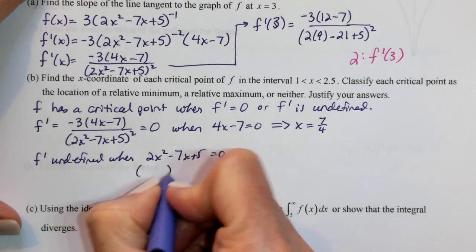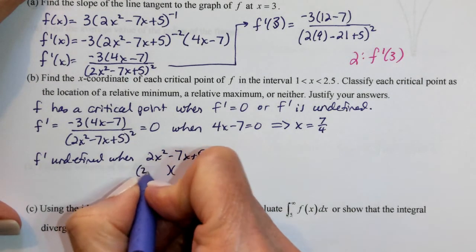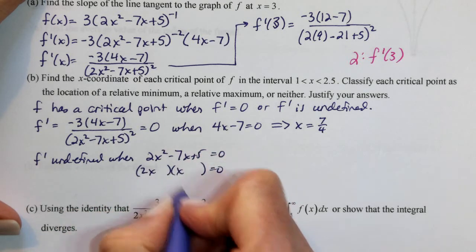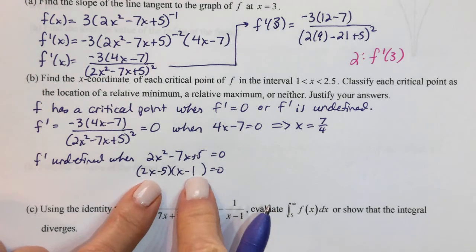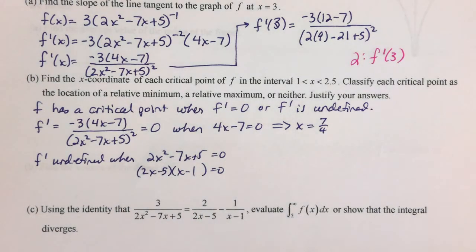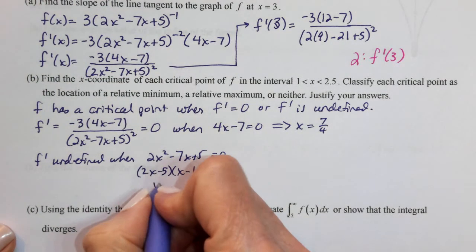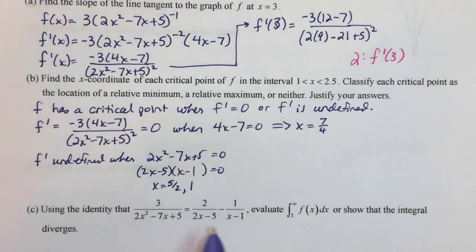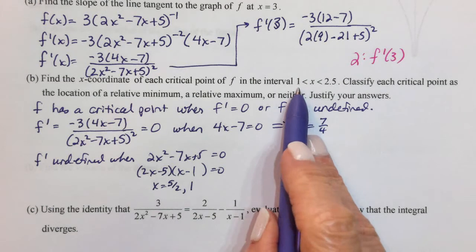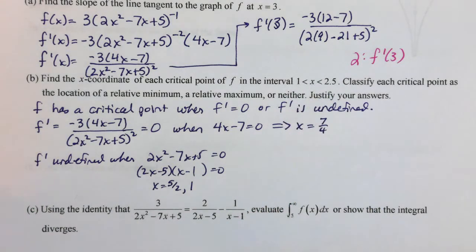So let's factor this if we can. 2x and x, 5 and 1, minus and minus. Does that work? It does. That factors that way. So x will be 5/2 and 1, but both of those are just outside of the interval that they gave us, right?